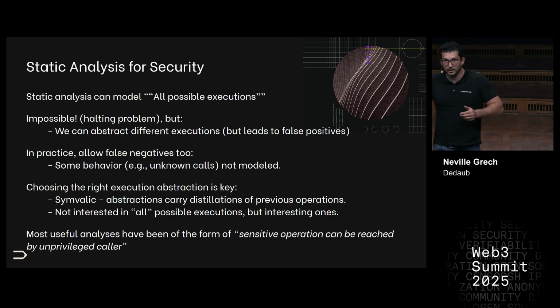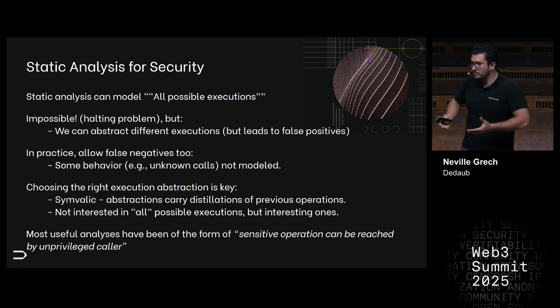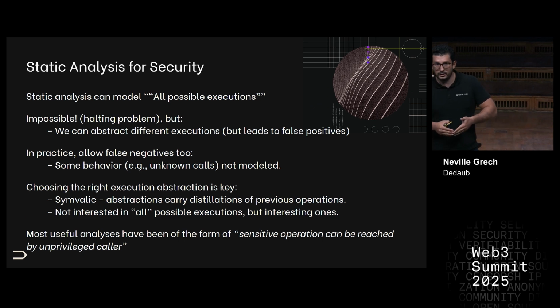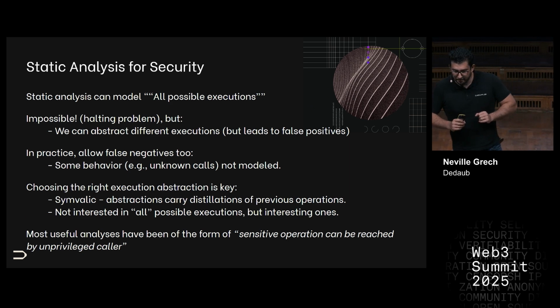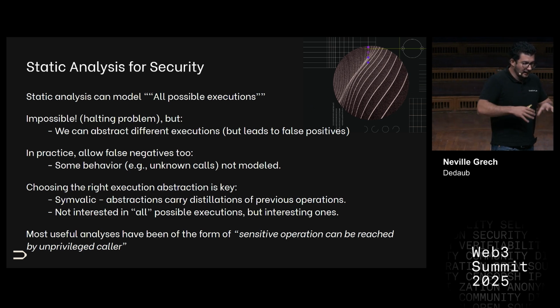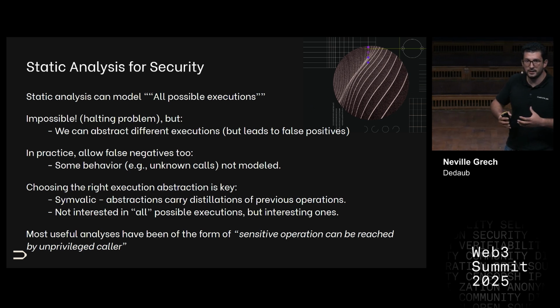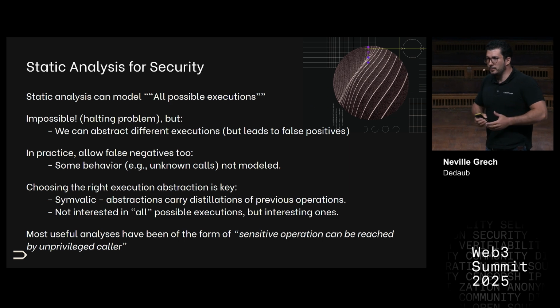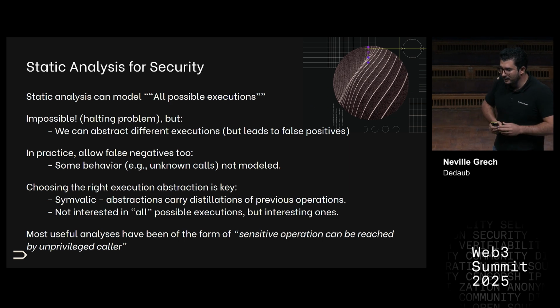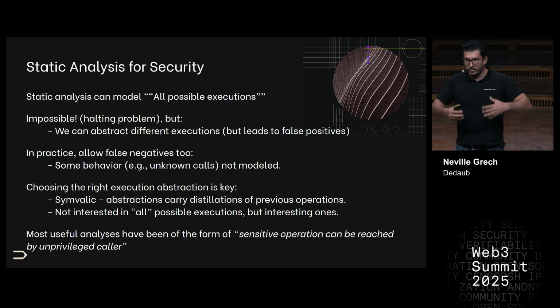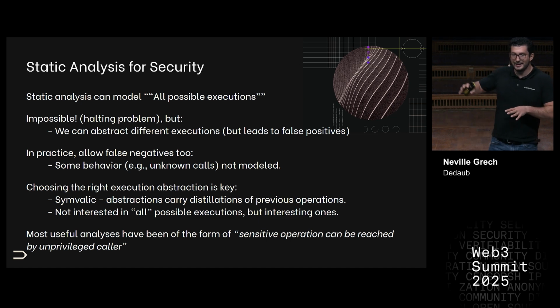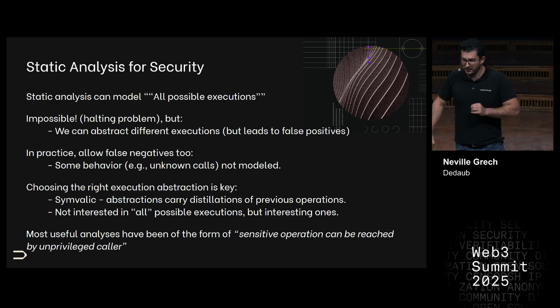However, that is a rather theoretical description, because actually it is impossible to do it generally, to do it fully precisely, so to speak, because of something called the halting problem. But we can abstract the execution of the program. We don't need to have very, very precise execution of the program. But when you abstract the execution, it leads to a lot of false positives.